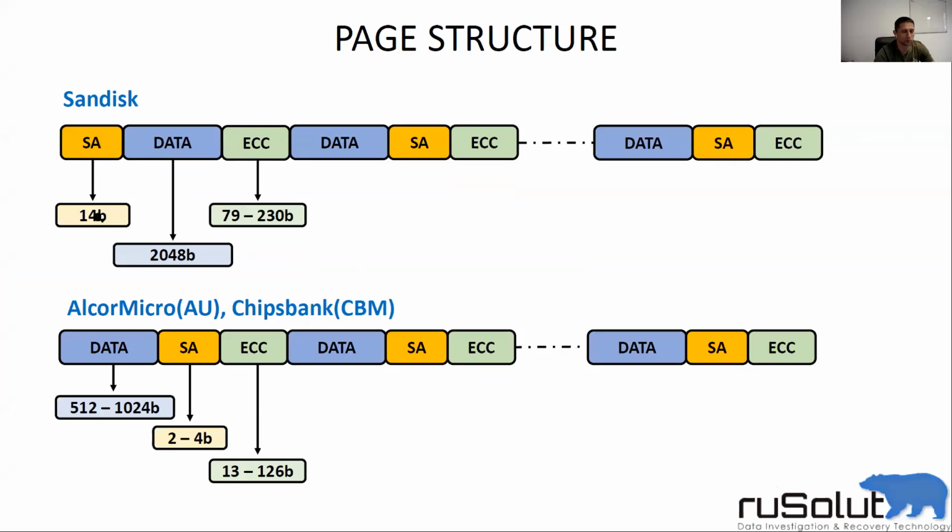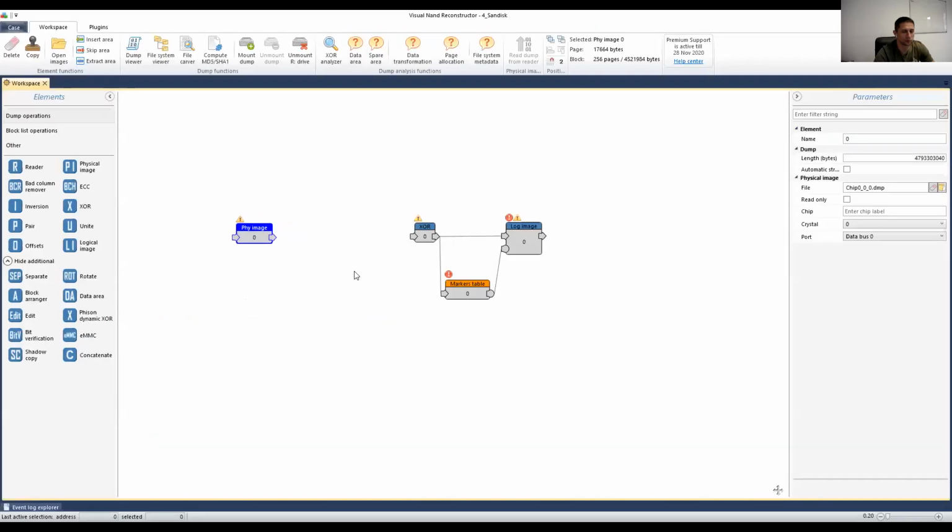SanDisk has 14 bytes of service area in the beginning, so you see it's different from other devices. Then it has 1024 bytes of data area and then some amount of ECC bytes. Okay, let's find out how many bytes it has for ECC.